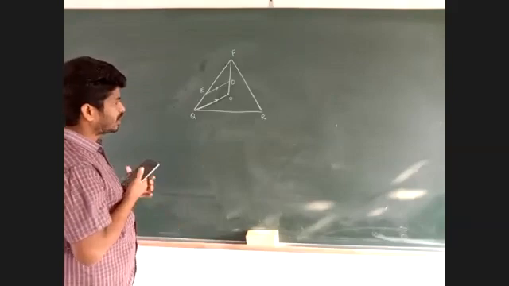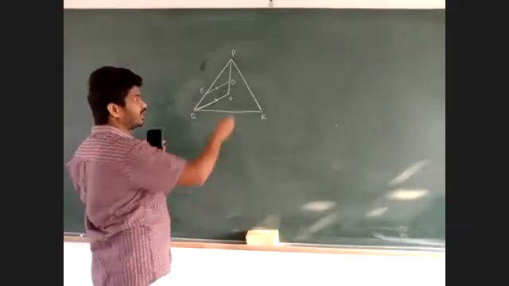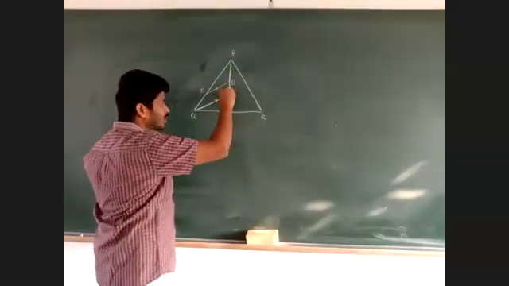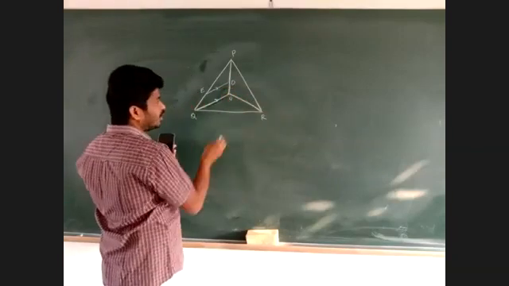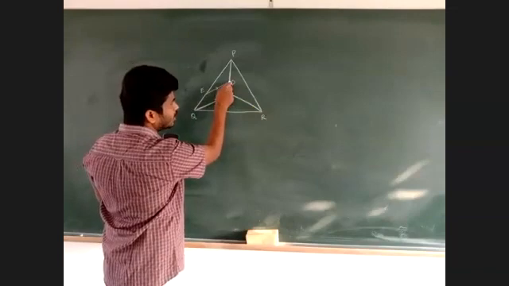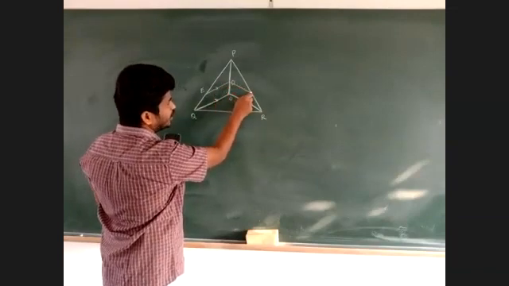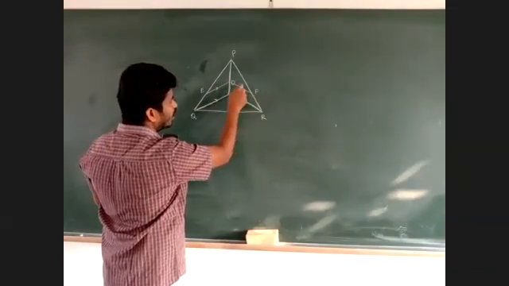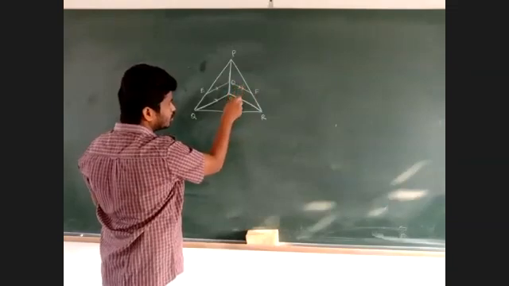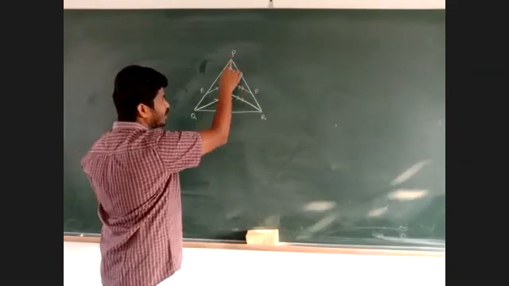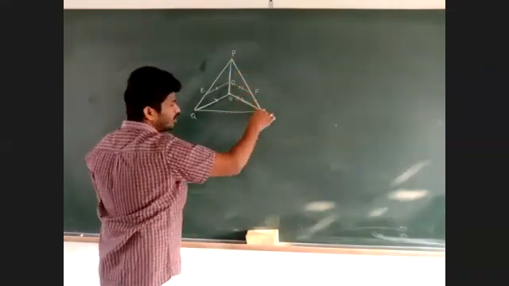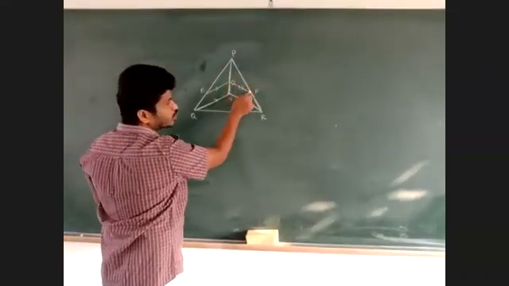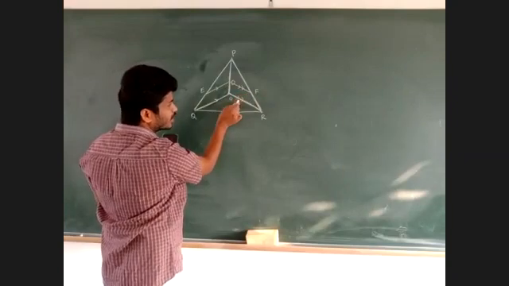Next, coming to the right side triangle POR. In this right side triangle POR, DF is parallel to OR.